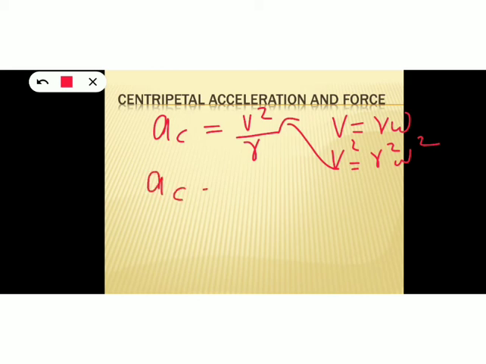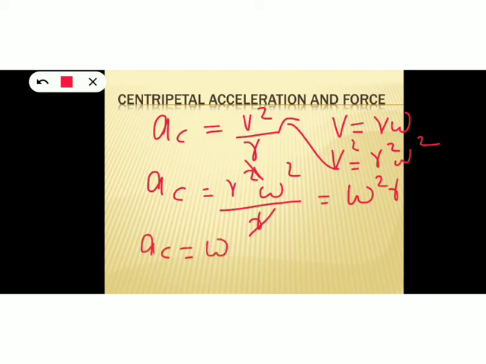So you will get AC is equal to R square omega square by R. This R and this R will cancel, so we'll get AC is equal to omega square into R. So the expression for centripetal acceleration in terms of omega is AC equal to omega square R, and this omega square R is acting towards the center.